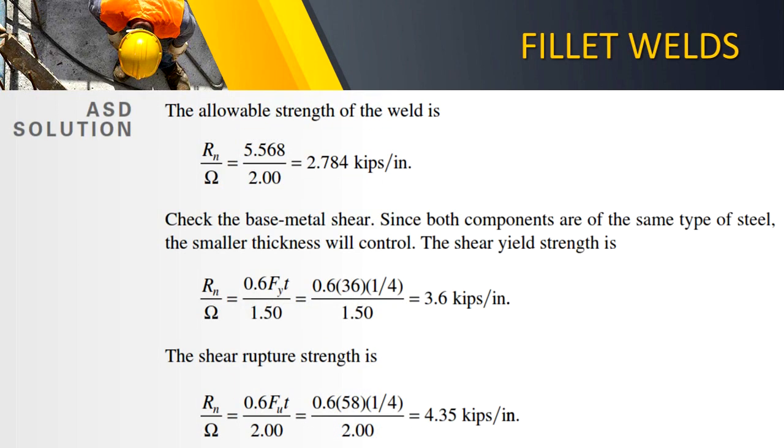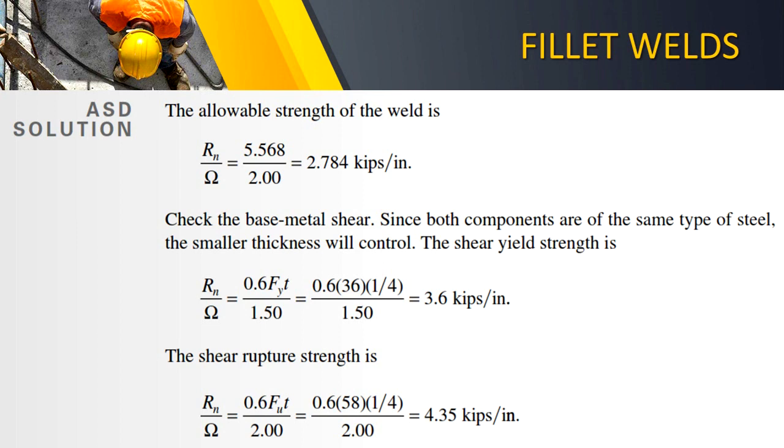For the ASD solution, the allowable strength of the weld is Rn over omega, and by substituting the value, 2.784 kips per inch. Check the base metal shear. Since both components are of the same type of steel, the smaller thickness will control.